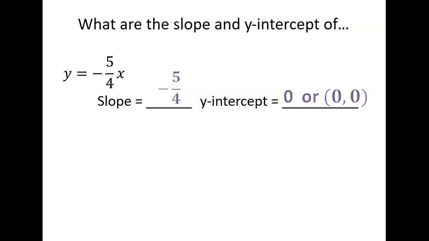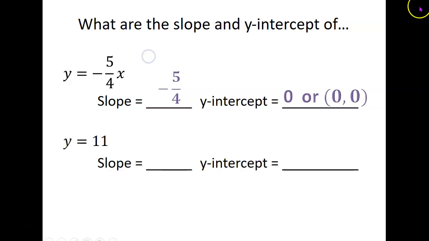So here's a line that crosses the y-axis at the origin. What about y equals 11? Doesn't look like there's an x here at all, does it? But we could think of this as 0 times x plus 11. So the slope would be 0, and the y-intercept would be 11.